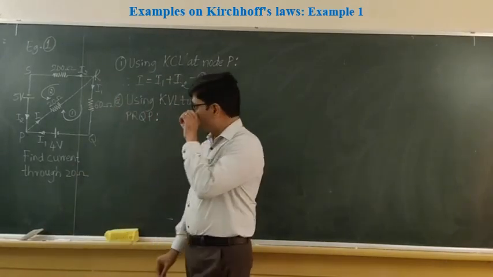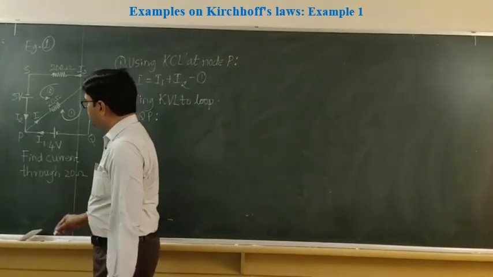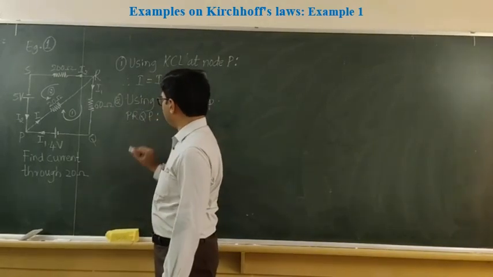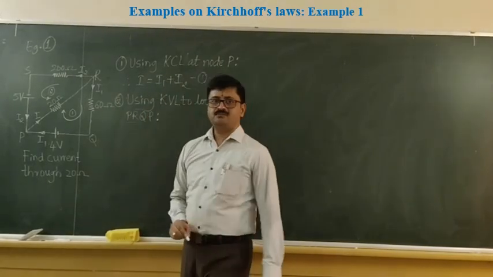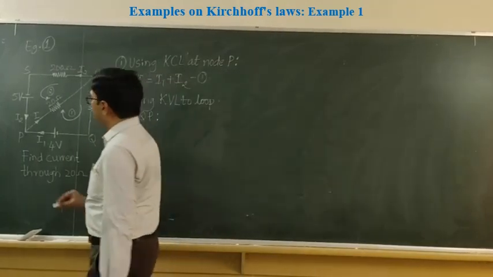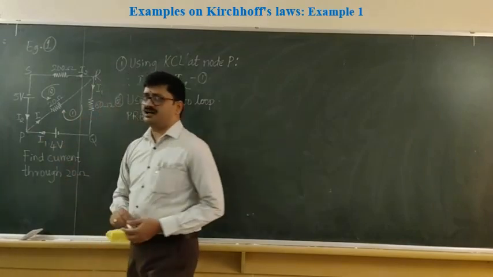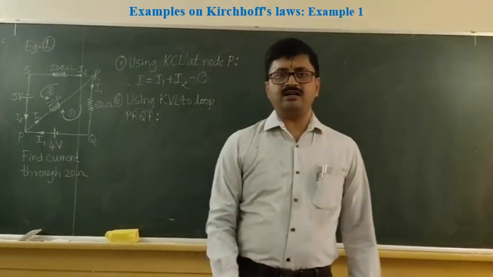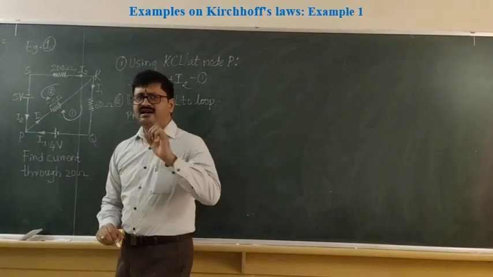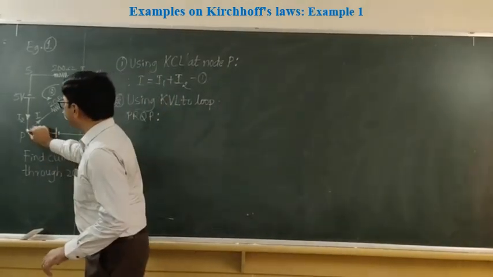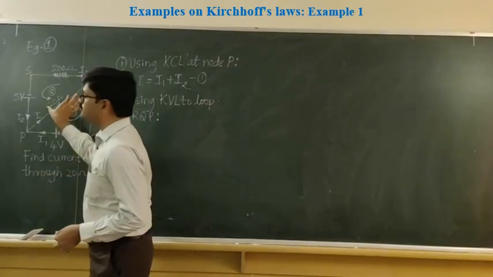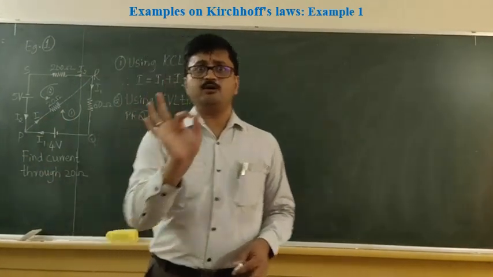Now in this particular loop, the first path that we follow is P to R, then R to Q, then Q to P again. Now these are the paths that we are following, right? So hence we can say along path PR, what is the direction of traverse here? Direction of traverse is P to R, and what is the direction of current? Direction of current is again P to R. Therefore, potential difference across 20 ohm resistance is positive.